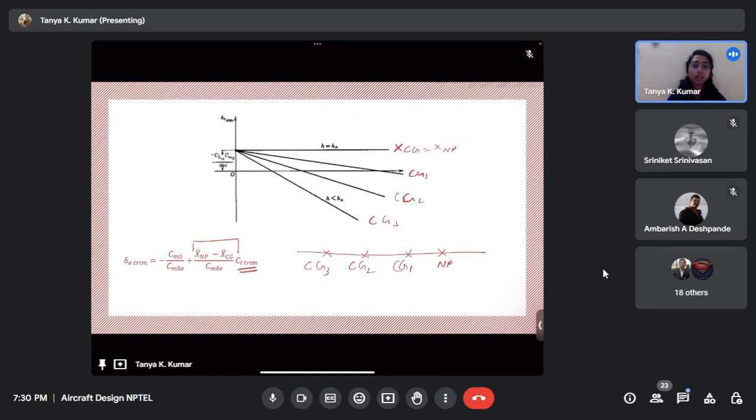And now the passenger has moved and the CG has moved away from the neutral point. So this is CG2. Now let's just say the trim value that we required, CL trim, was something here. CL trim, it's any value that we want to trim the aircraft at. What is trim?